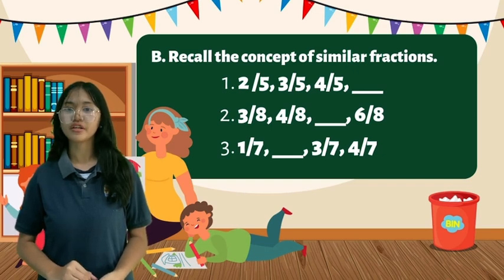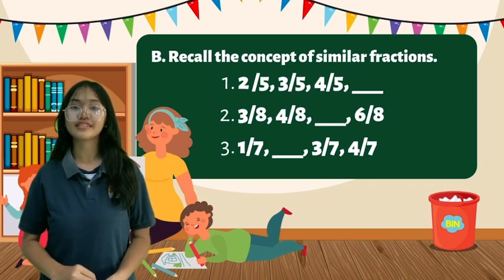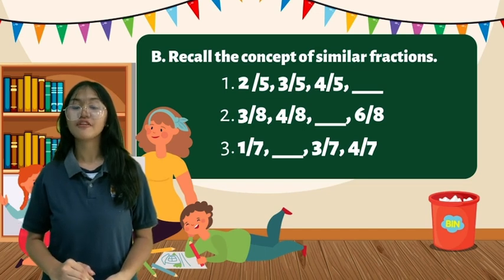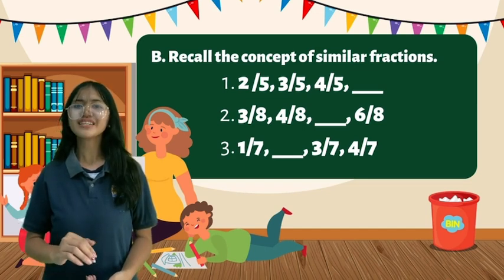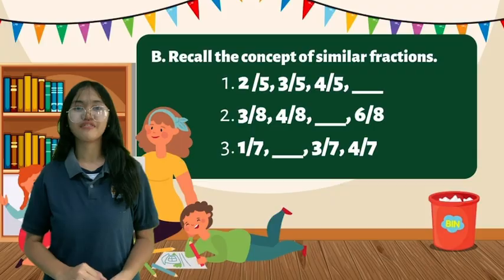What is the missing part? That's right. It's 5/8. How about in 1/7, blank, 3/7, and 4/7? What is the missing part? That's right, it's 2/7.